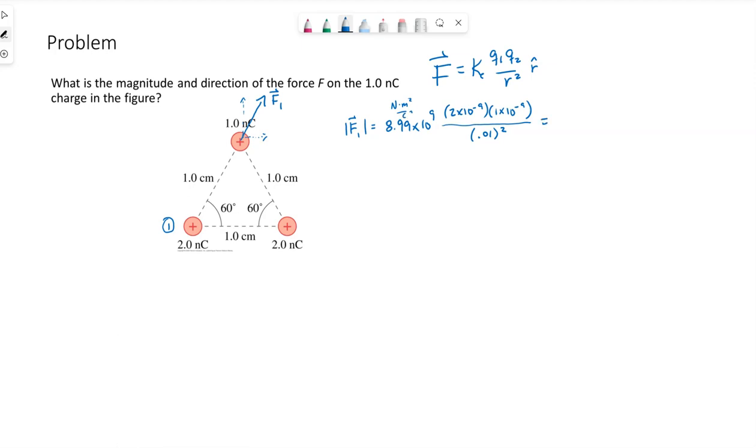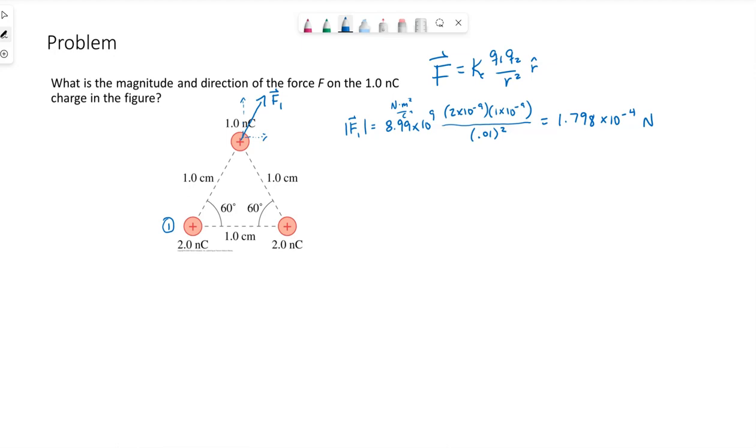And so to get units of newtons, we have to have everything in those SI units. Okay, I'm going to keep this out a few digits. I'll round at the very end. The magnitude of this force, 1.798 times 10 to the negative 4 newtons.